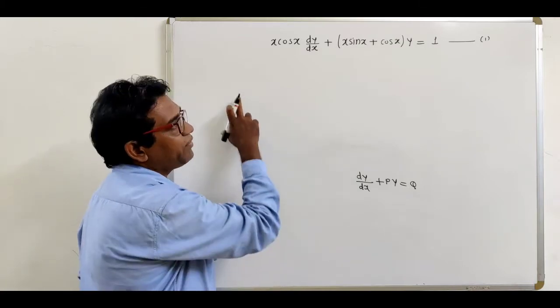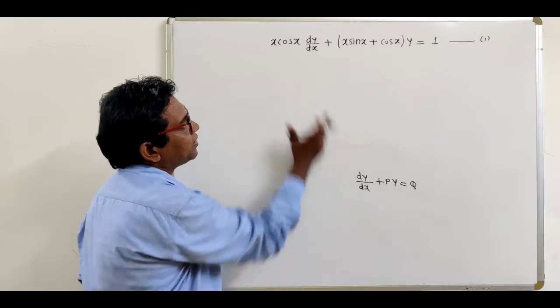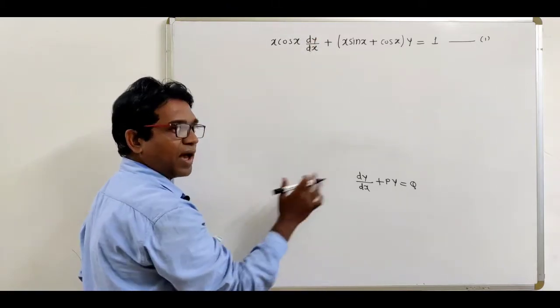So first of all, we divide throughout by this term x cos x, so as to get the coefficient of dy by dx as 1.